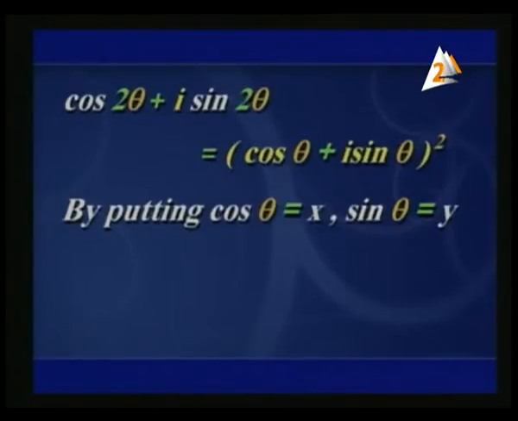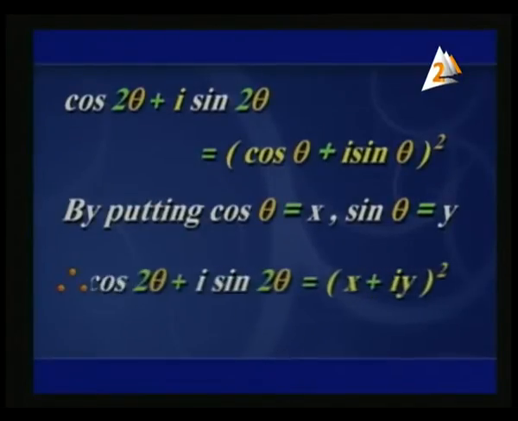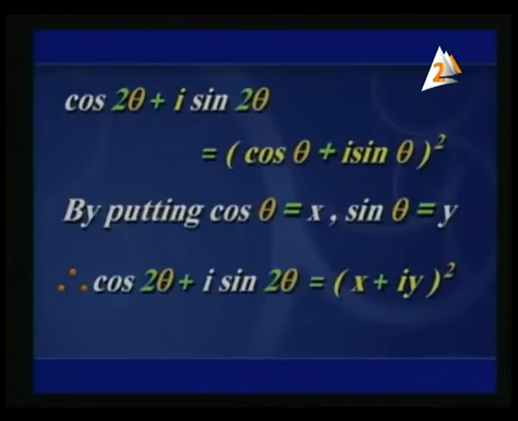by putting cosine θ equals x and sine θ equals y, therefore cosine 2θ plus i sine 2θ equals (x plus iy) all squared, equals x² minus y² plus 2xyi.